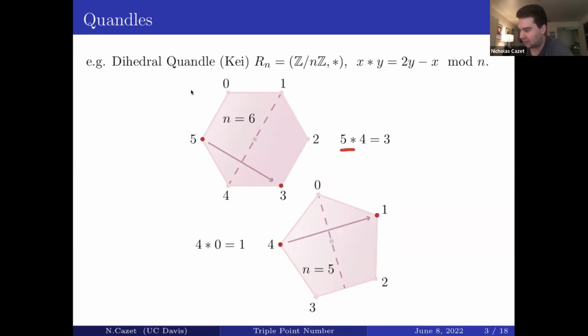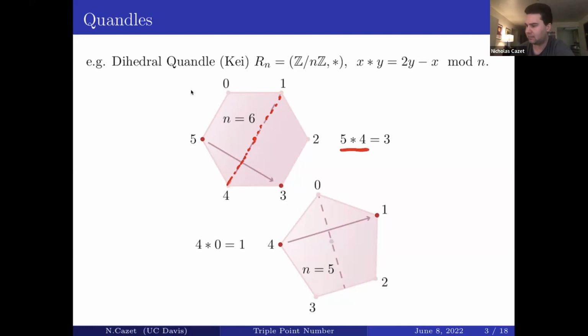The 4 is going to be a straight line that goes through the center and the number that's in the second entry of the multiplication, and then the first reflects across that line. So 5 times 4, you reflect 5 across the 4 line and you get 3.